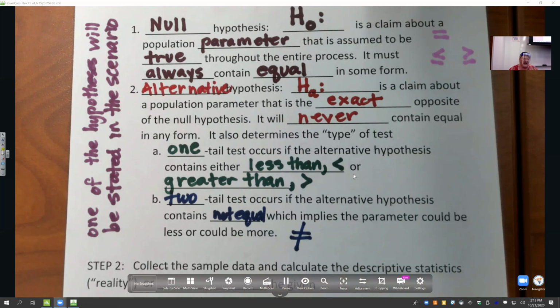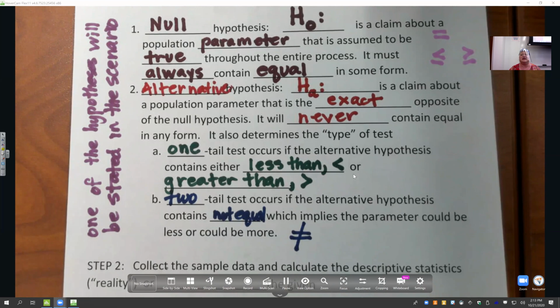If you were the actual researcher, you would have to determine what your null or your alternative hypothesis was going to be. But for us, the problem is presented in a paragraph of 3 to 4 sentences, and somewhere in those 3 to 4 sentences, it's going to give you one of the hypotheses. You have to figure out which one do you have. Which one is given? Are you given the null hypothesis, or are you given the alternative hypothesis?